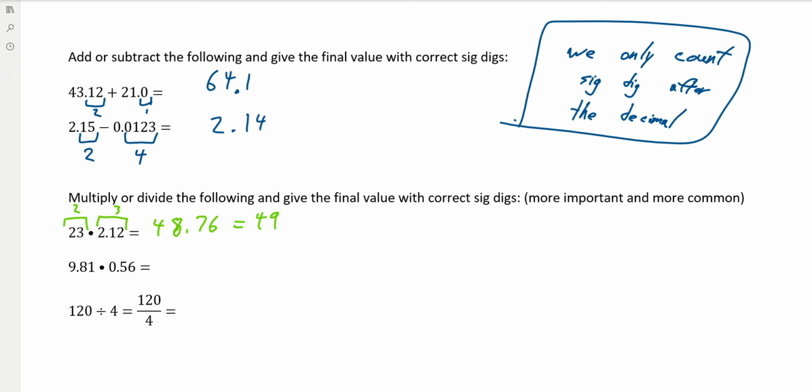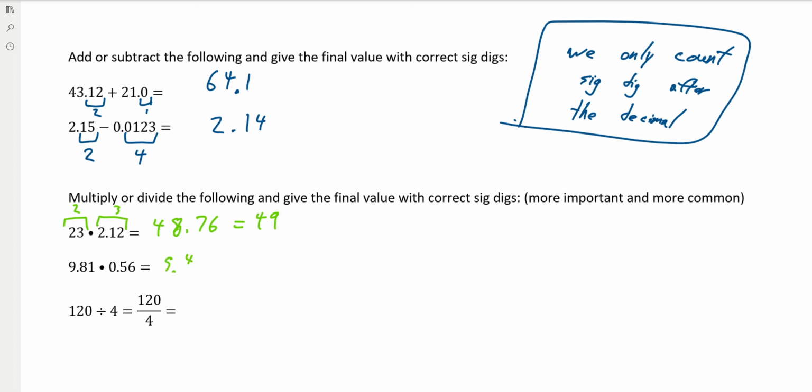Looking at a more realistic equation we'd see, mass times gravity to give force of gravity. So we see 9.81 times 0.56. Perhaps it's like a half-liter bottle of pop or something. How much force is it experiencing due to gravity?